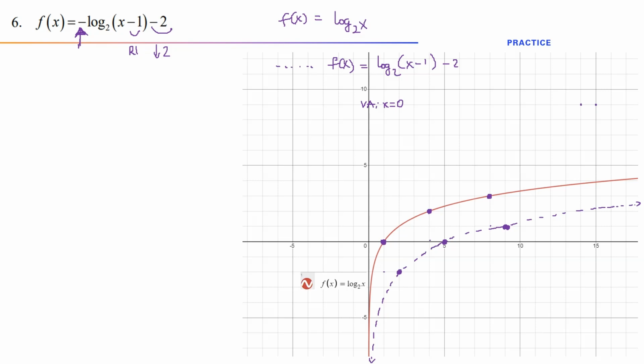It means the vertical asymptote has to move to the right 1 unit as well. So here's our vertical asymptote. So it means this one has to be deleted. It has to sketch close to here.